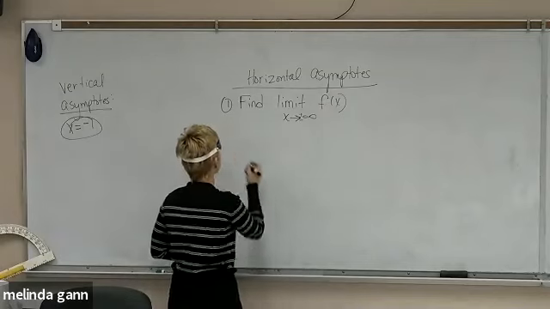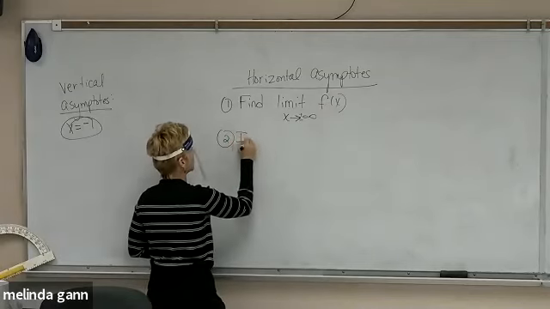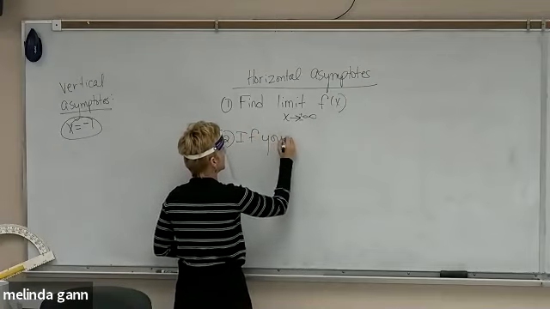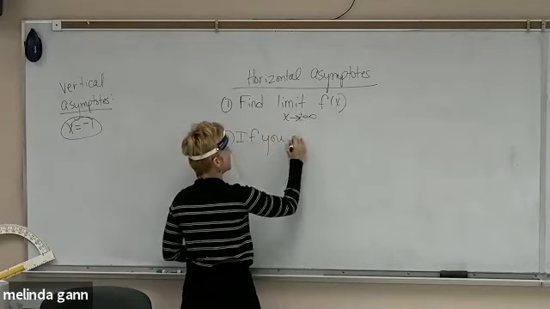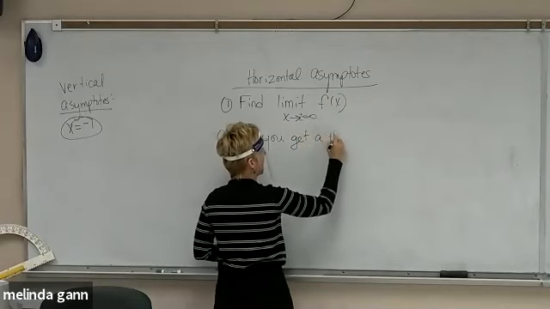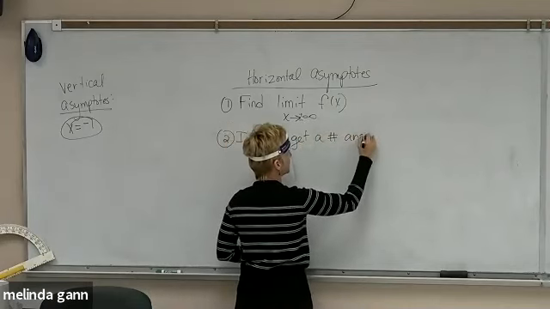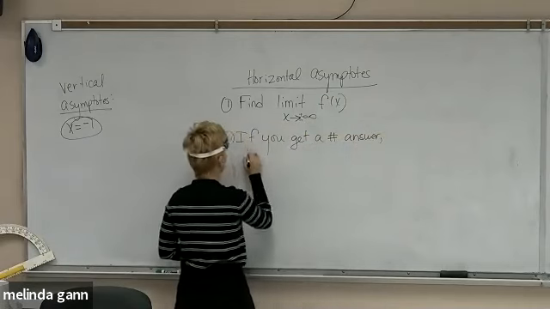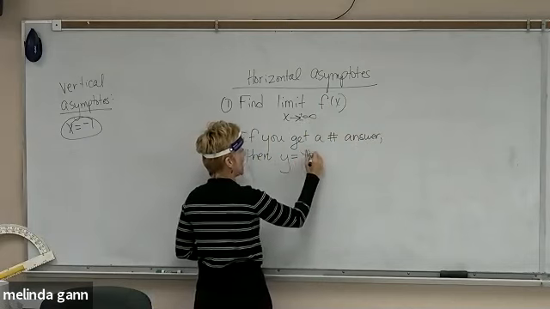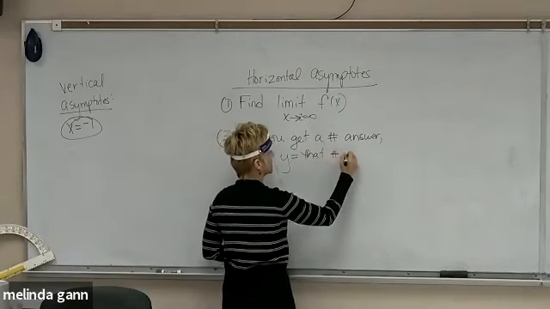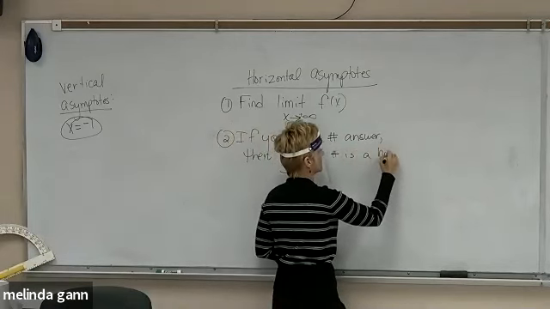Okay. Now, I'm going to put up kind of a parenthesis here in a second. If you get a number answer, then y equals that number is a horizontal asymptote.